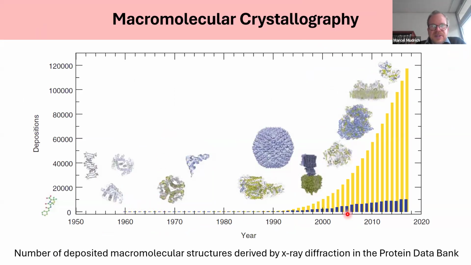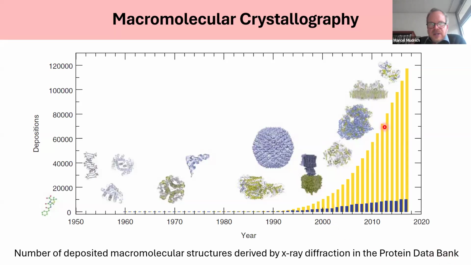And yeah, in this way, since this is really the most important application of X-ray beams overall, it's interesting to see what has been achieved. This shows the number of deposited macromolecular structures, mostly protein structures, in the Protein Data Bank. So there's this international database that contains basically all the information about the known proteins.